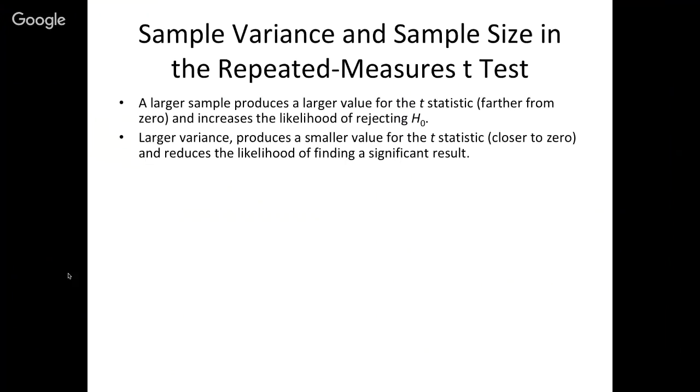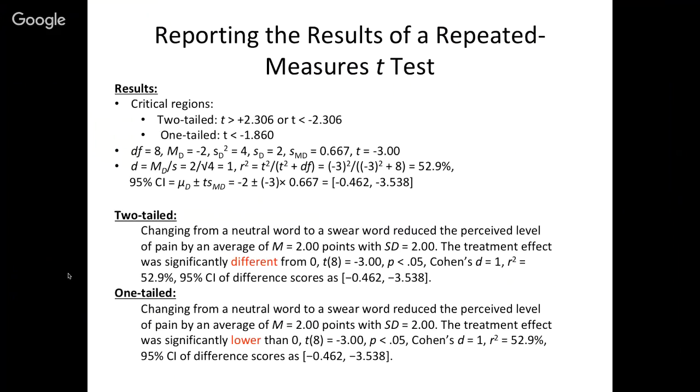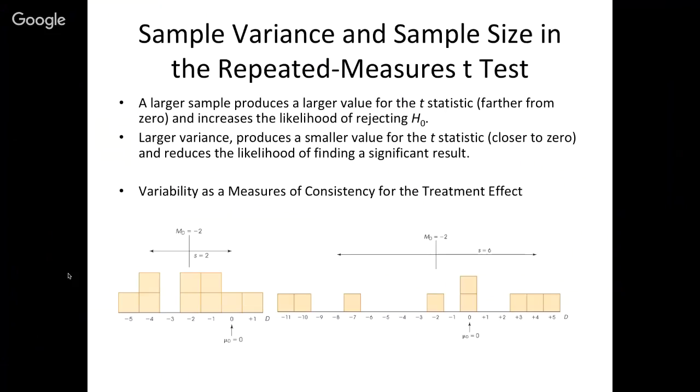And larger variance produces a smaller value for the t statistic, closer to zero, and reduces the likelihood to reject H0. So this sentence is also exactly the same for all of the t-tests. Here, in the repeated measures t-test, we use the D scores, meaning difference scores, as our measurements.